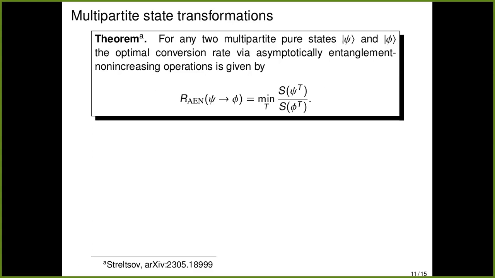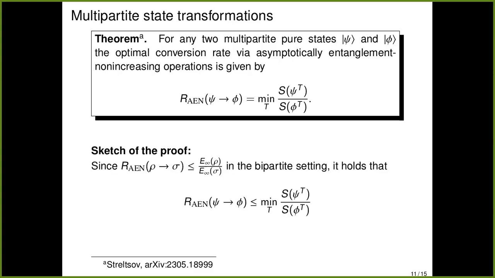If you have 3 qubits, for example, you would take the minimum over the first, the second, and the third qubit, and so on. For more particles, you just take the minimum over all subsystems. So it is remarkably similar to the bipartite case.